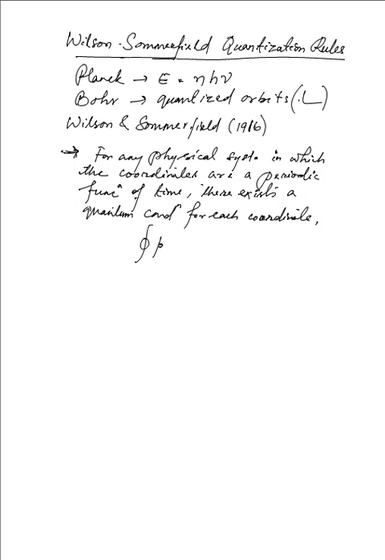closed integral of the momentum multiplied by the given coordinate is equal to some integral value multiplied with Planck's constant, where qi is simply the coordinate and pi is its corresponding momentum for that given coordinate.